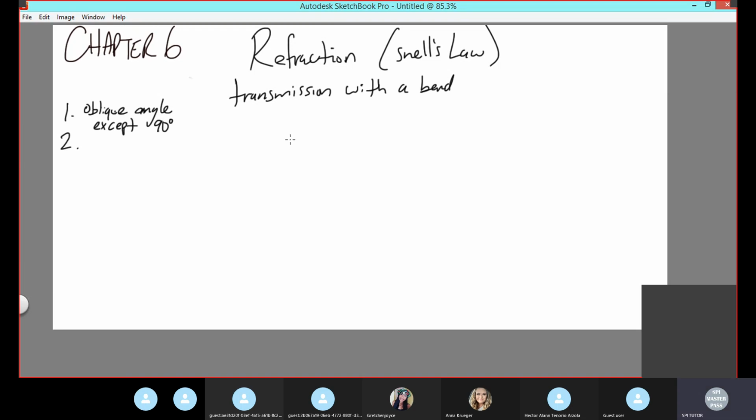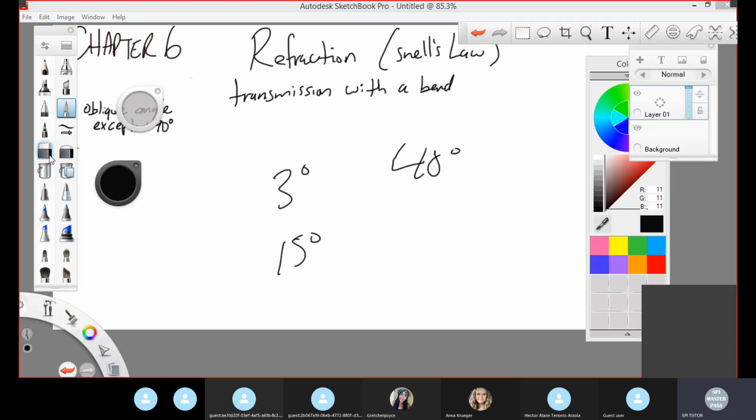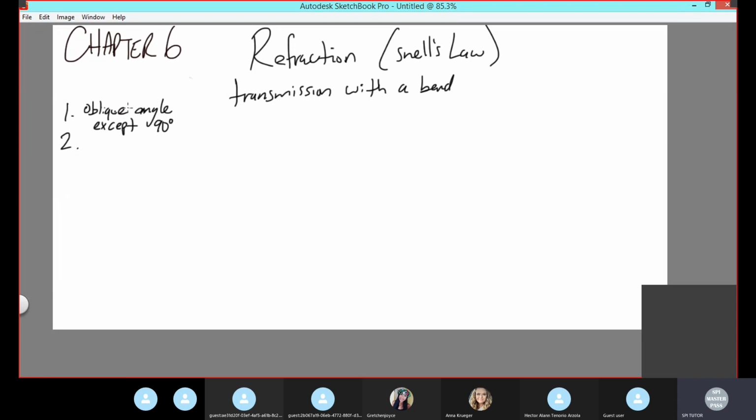So any angle can be oblique as long as it is not 90 degrees. So is 89 degrees an oblique angle? Yes. Is 91 degrees an oblique angle? Yes. Why? Because they are not 90. And then of course you can have 3 degrees, 15 degrees, 48 degrees, every other degree, as long as it's not 90. So that's the first rule.